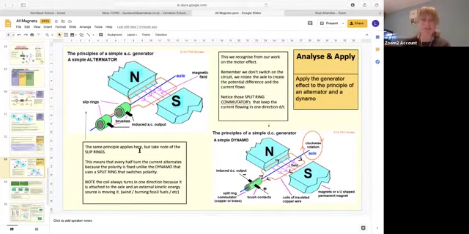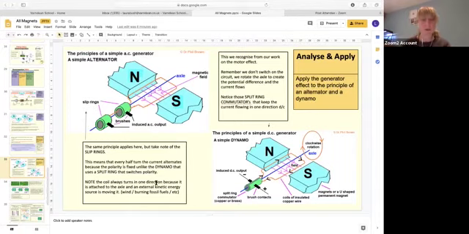This means that every half turn, the current will switch, because it's just providing a continuous flow of electricity coming down, and as it's passing on one way, the magnetic fields are going in one direction, and when it comes back the other way, the magnetic fields are going in the other direction, and so essentially the current is going backwards and forwards, backwards and forwards.